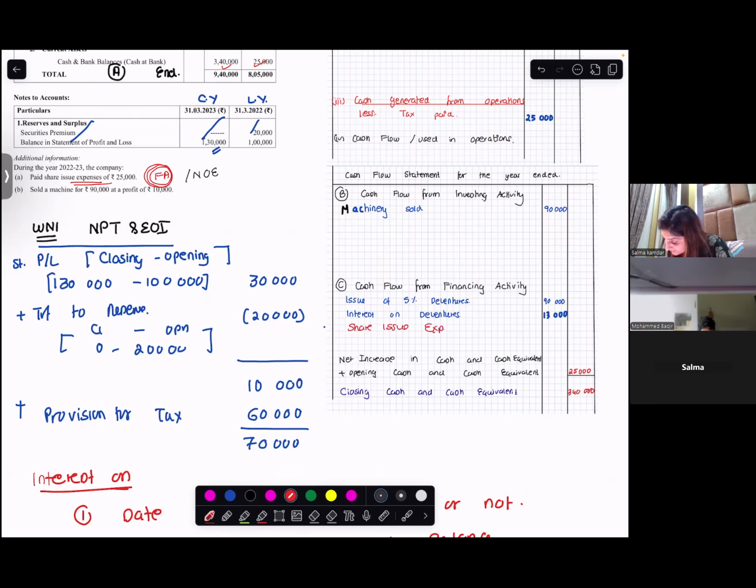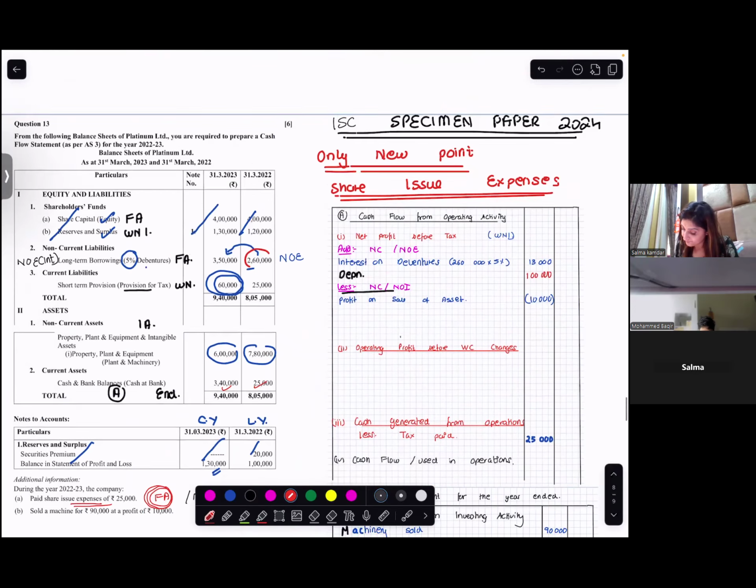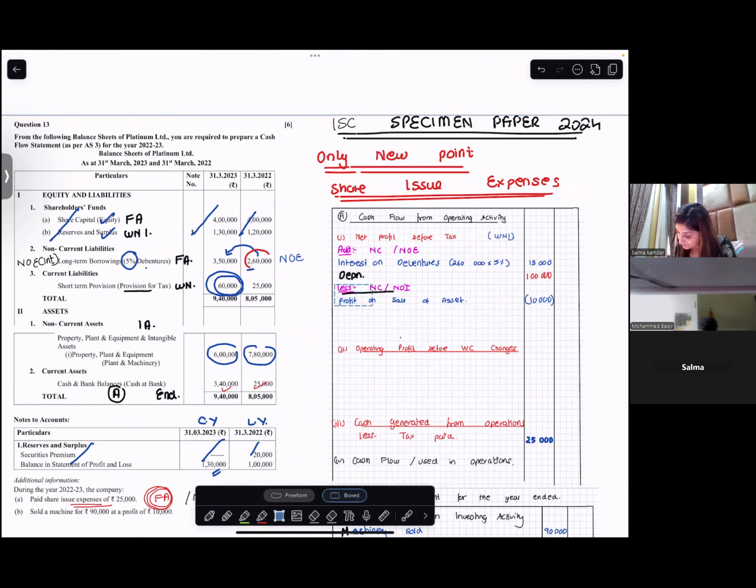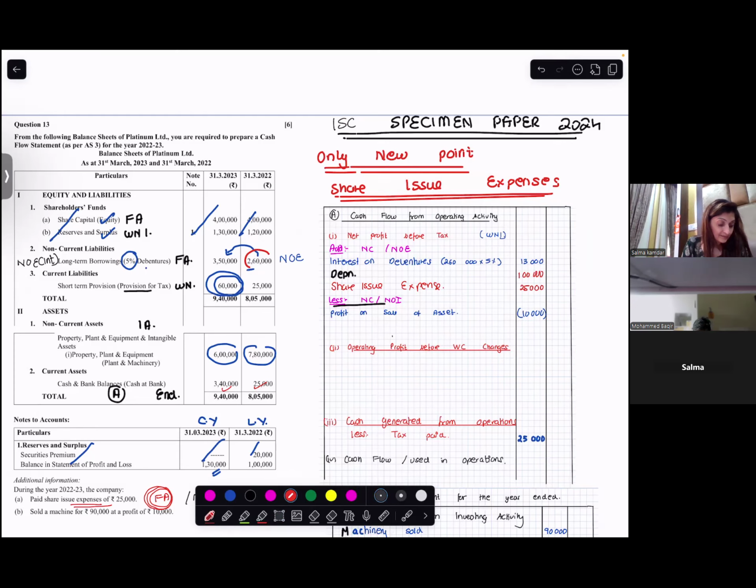And it is non-operating expense also. With this I complete everything.